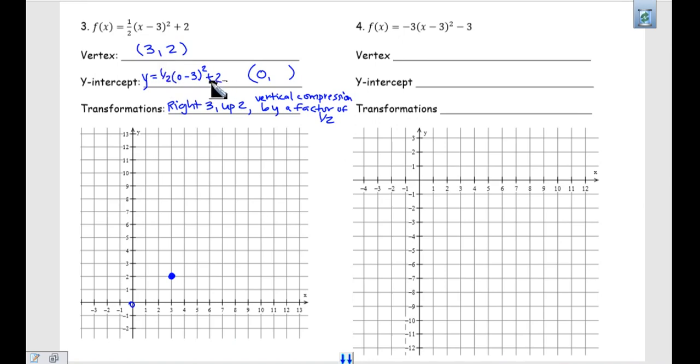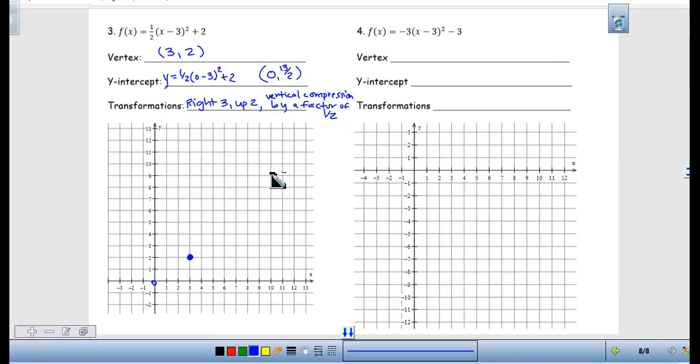And if I add that to 2, I have to get a common denominator, which would be 4 halves. 4 halves plus 9 halves is going to give me 13 halves. Now, when it comes to graphing, sometimes an improper number can be hard to graph. So you may want to think of this as a mixed number. 6 1/2 is a lot easier to graph.